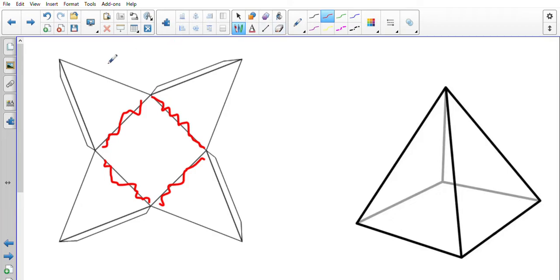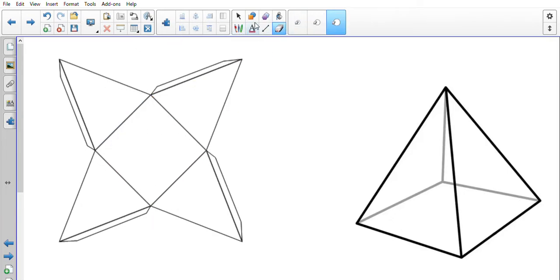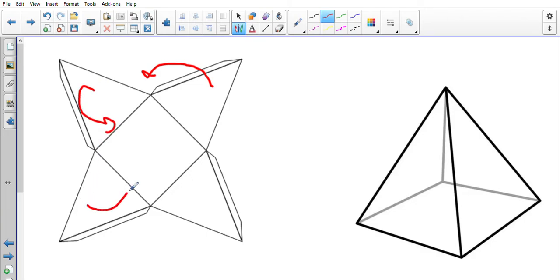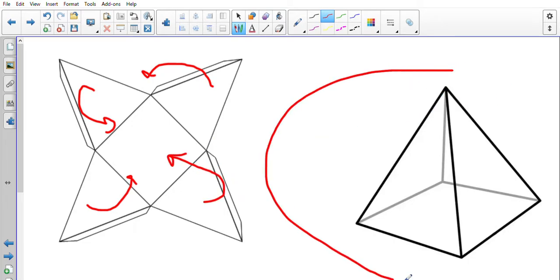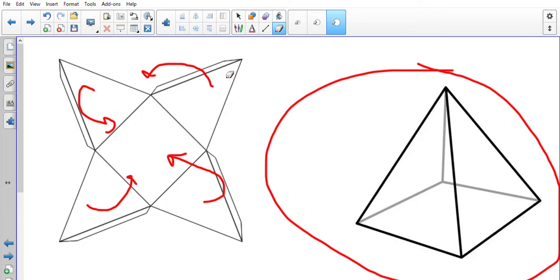So those are going to just be like that. That then means that this face is going to fold up, and this face is going to fold up to here, and this face is going to fold up to here, and this one's going to come up to here. And what I'm going to wind up with is my fancy square base pyramid. And that just becomes a matter of practice.